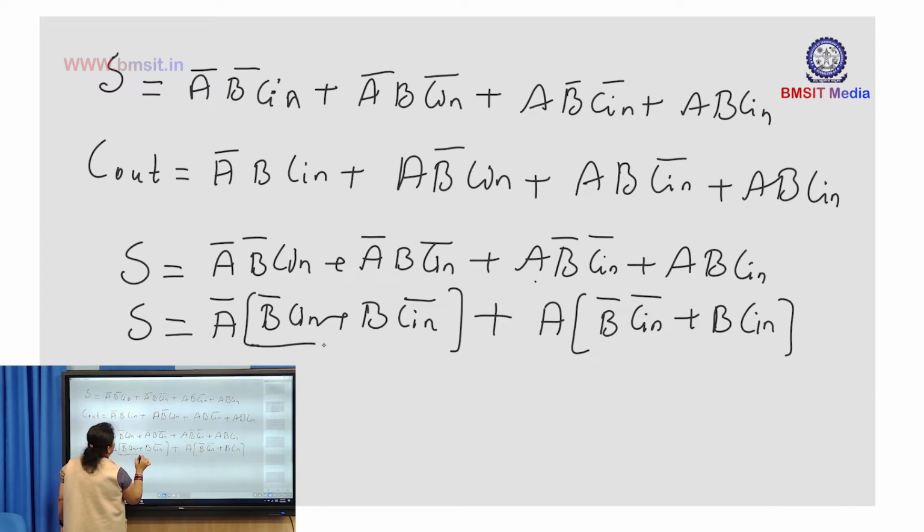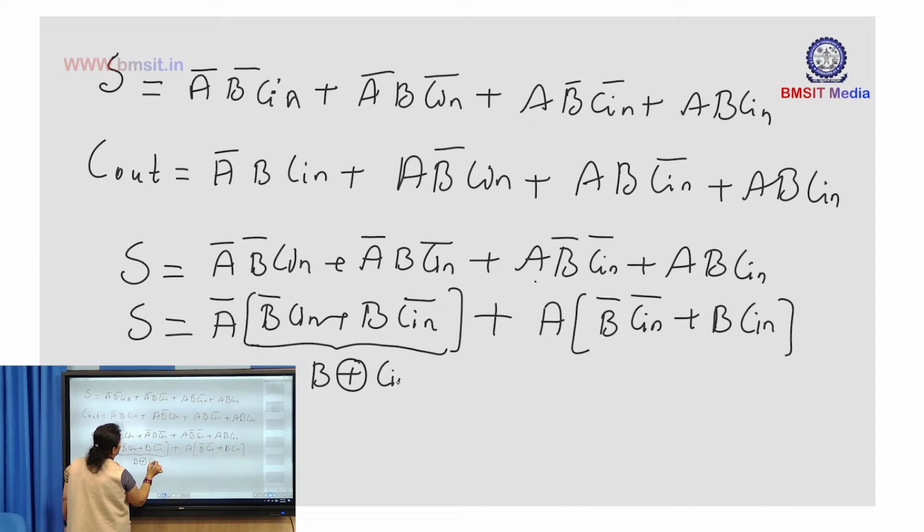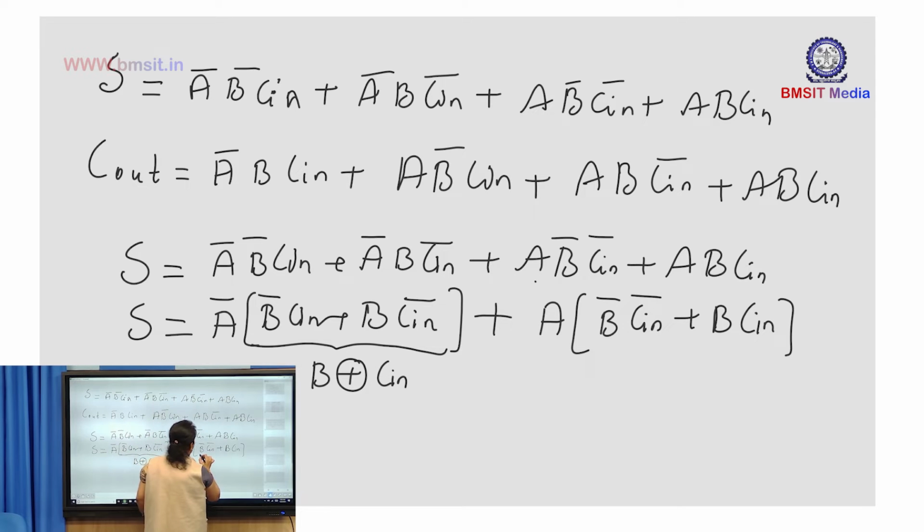This is actually the XOR operation of B and C, which can be represented as B XOR of C in. Similarly, this is XNOR operation. So XNOR operation is not of XOR.